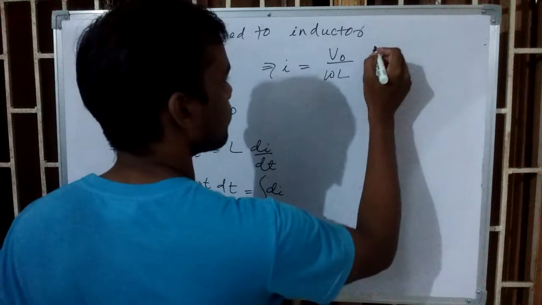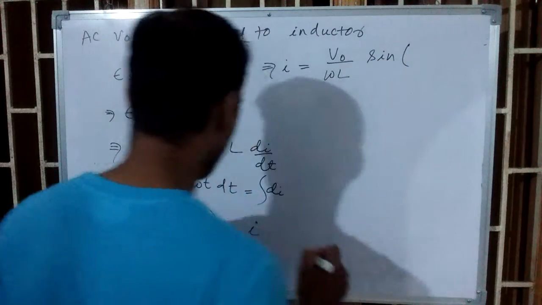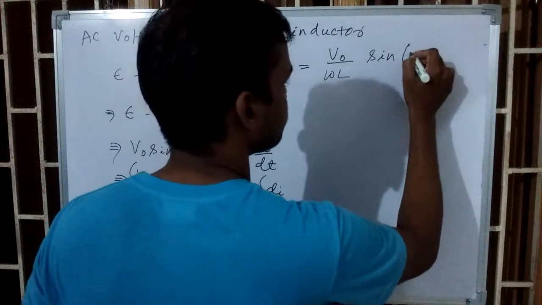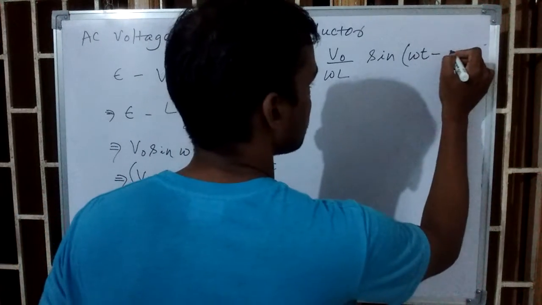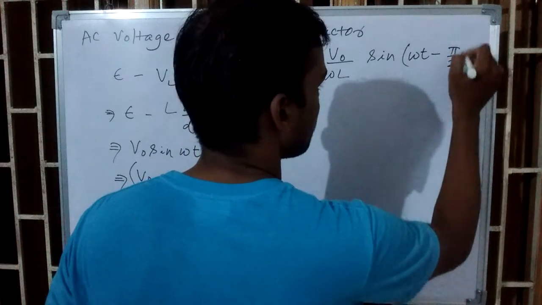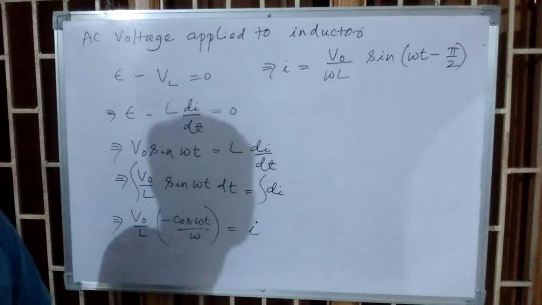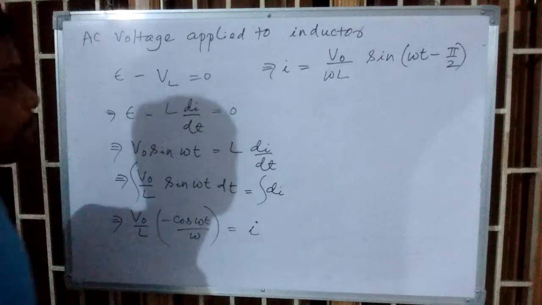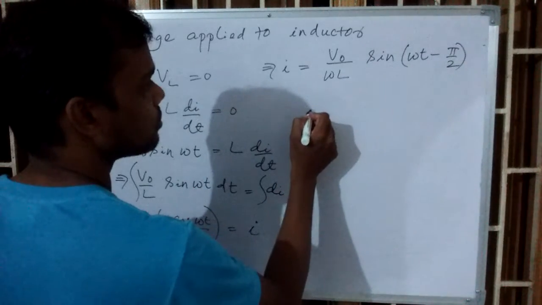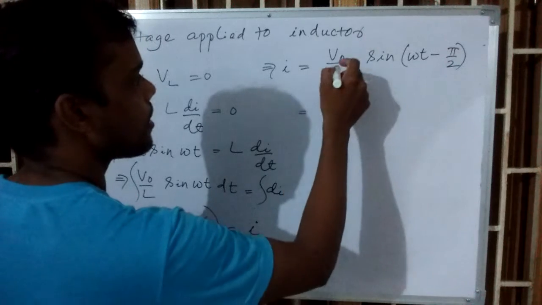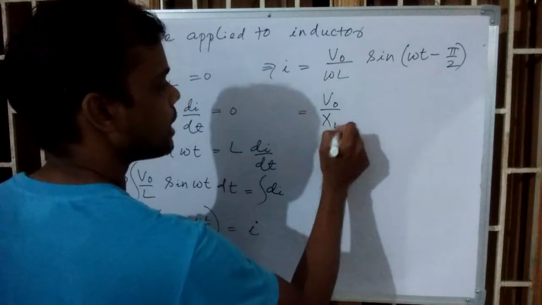So I can write minus cos omega t as sine of omega t minus pi by 2. Sine of omega t minus pi by 2 will be minus cos omega t. Now I can replace this omega L with some other value, let it be XL.